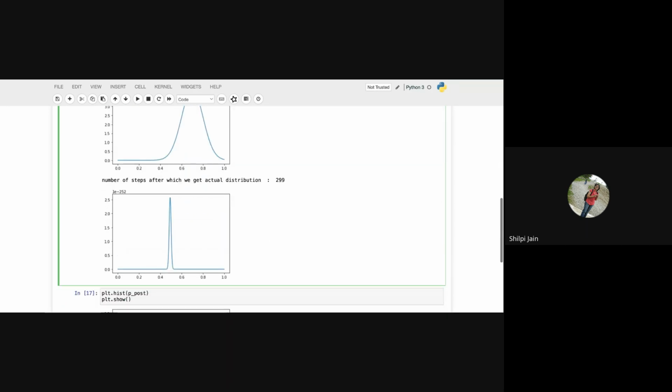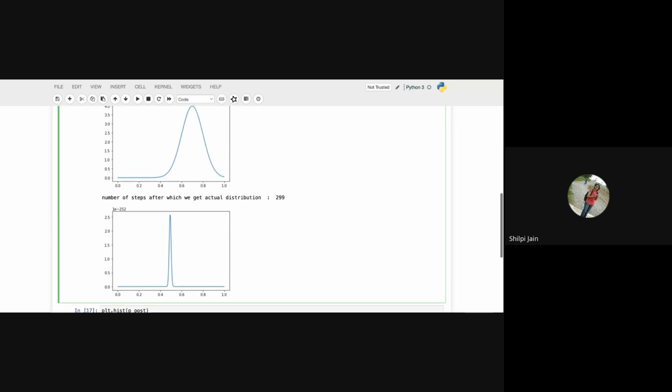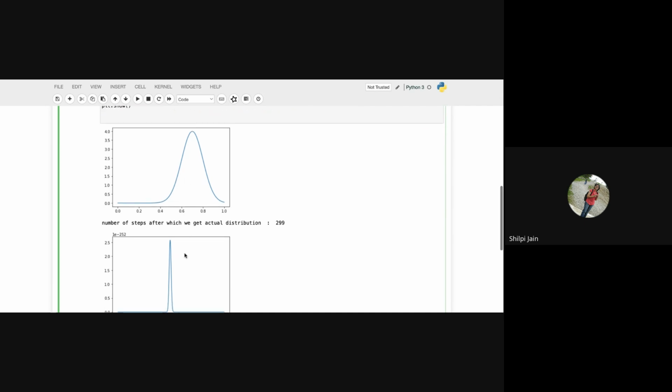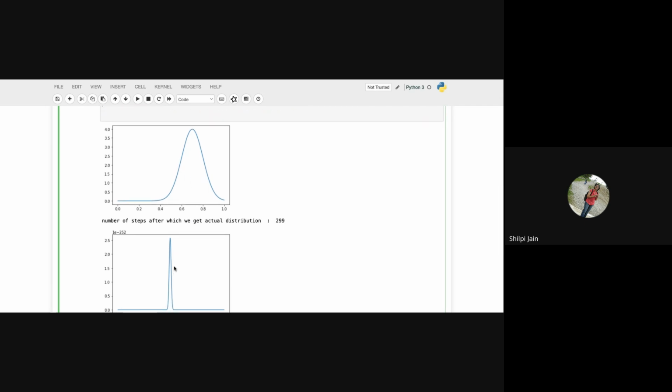One thing you will see is that the wider this distribution is, the fewer experiments it will take to reach this conclusion. If your belief is looser, meaning you do not have a firm belief, it is much easier to get to the final correct inference.